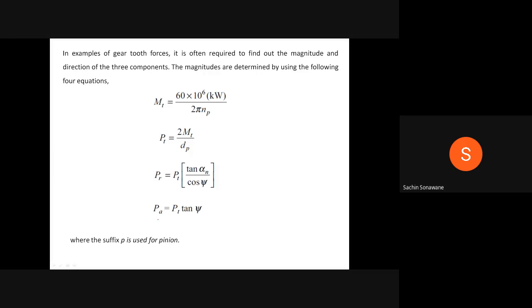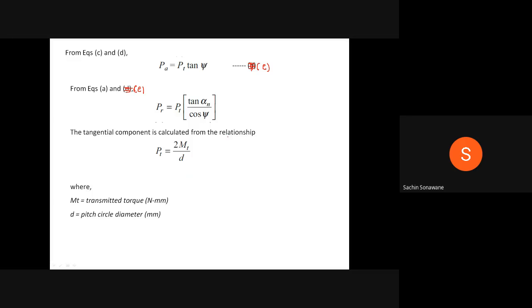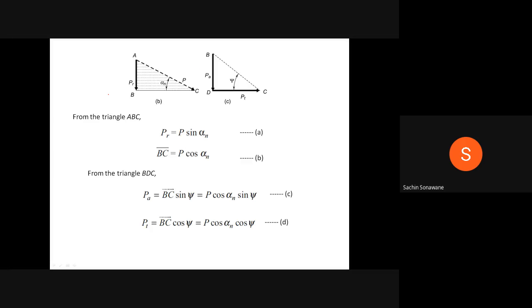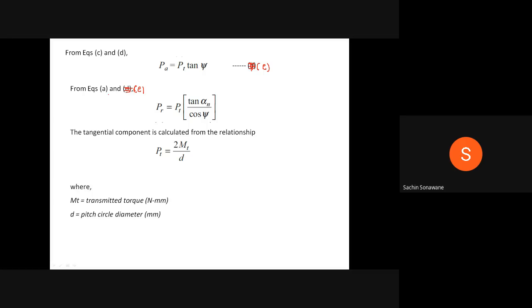Therefore, please write down this: from equations C and D, Pa is equal to Pt tan psi, equation E. Therefore, from equations A and E, equation A is Pr is equal to P sin alpha n.